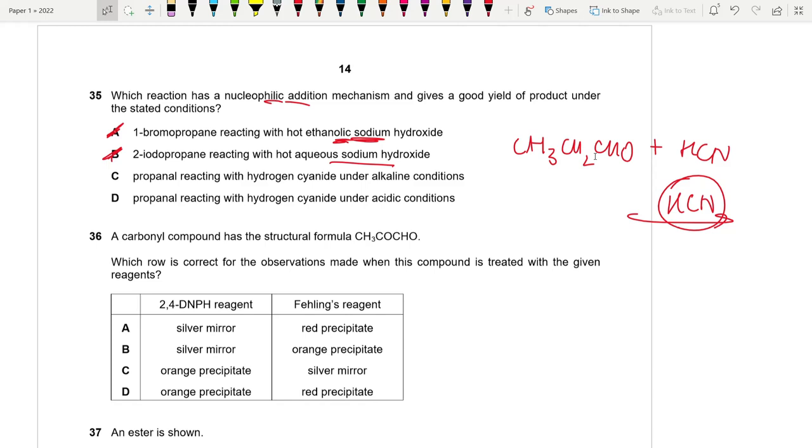So what is KCN? It's the salt of a strong base. Basically, it's the salt of potassium hydroxide. Potassium hydroxide is a strong base, and this is the salt.